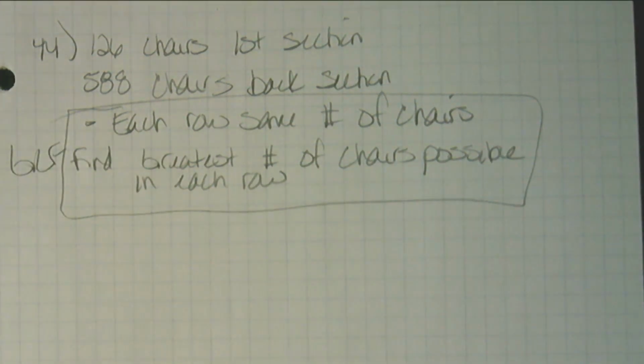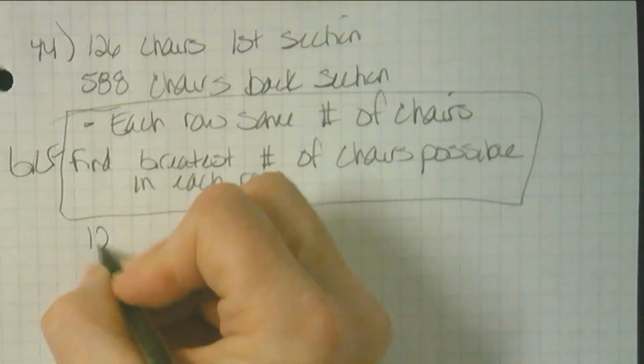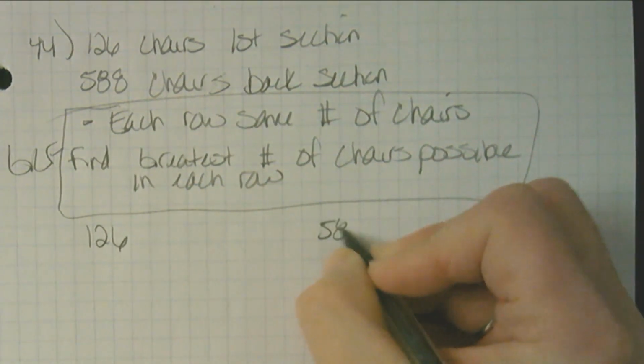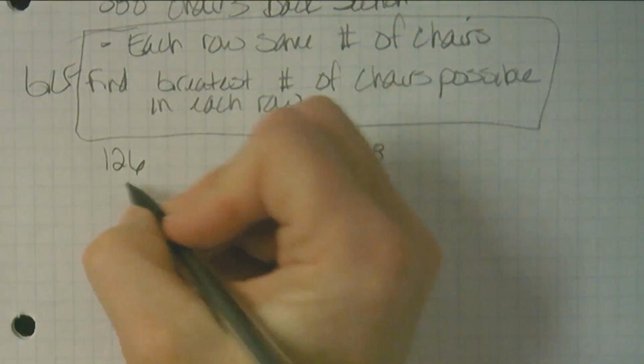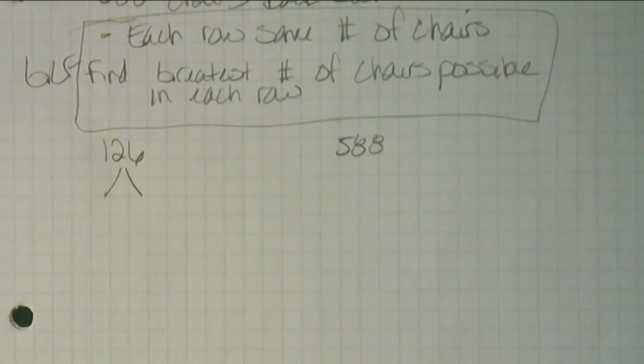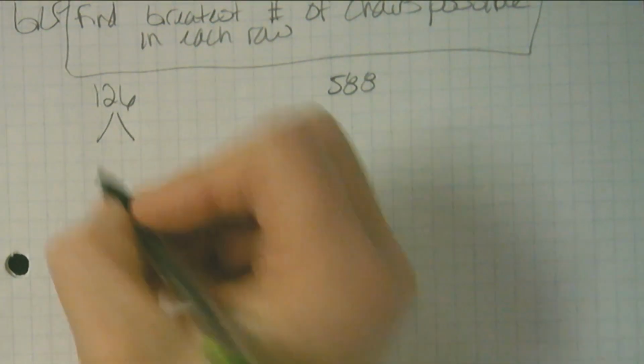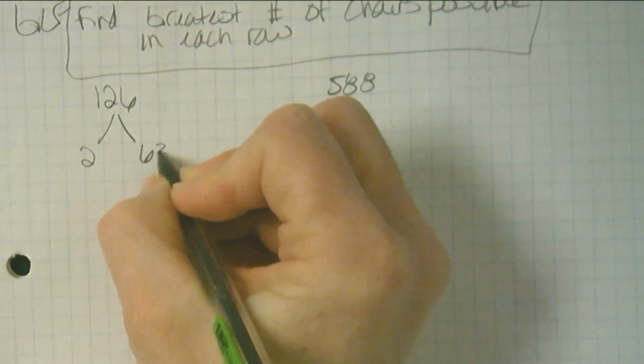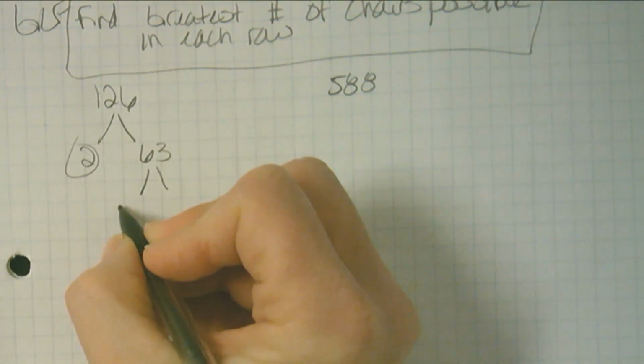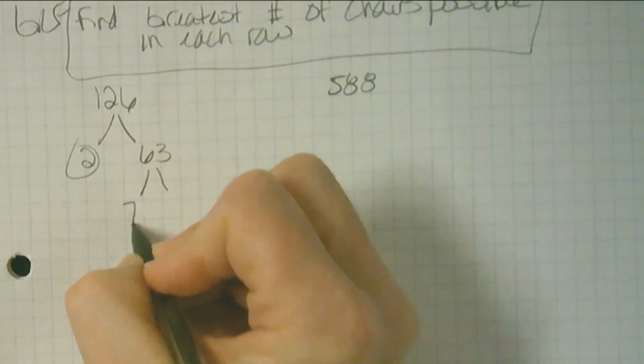Okay, now that we know we have GCF, I have to do my prime factorization. Somebody tell me what I'm going to start with for the prime factorization of 126. Aaron, go ahead. 2 times 63, okay. 7 and 9.